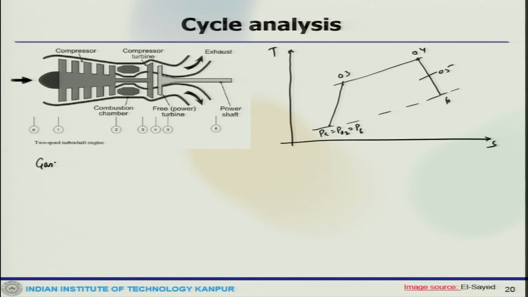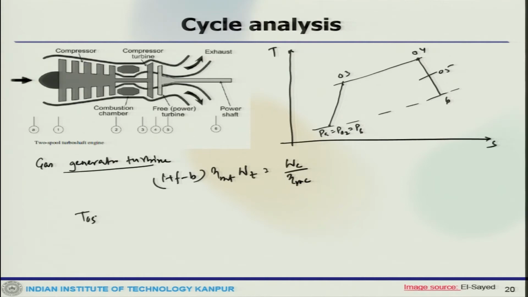Now, if you look at the gas generator turbine, that turbine provides sufficient energy to drive the compressor, and thus the outlet temperature is obtained from the energy balance. How do we get it? It is a simple analysis similar to what we have done. It is W_c/η_mc.